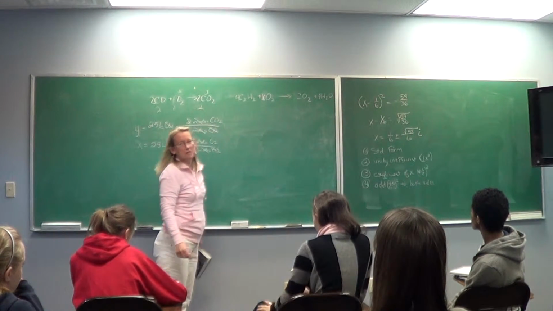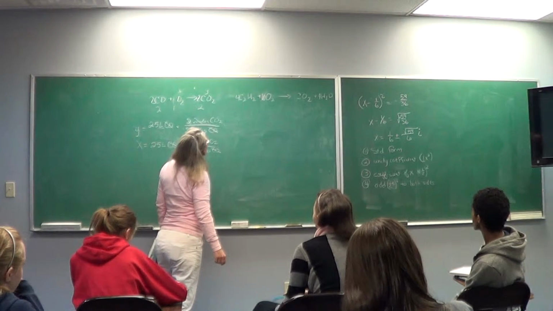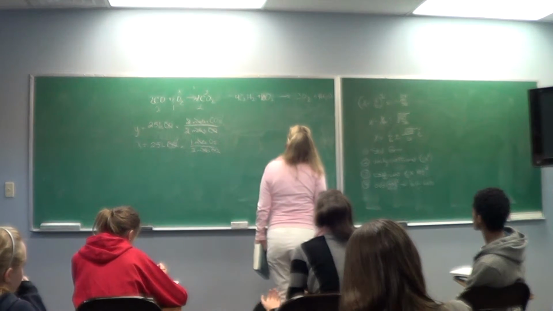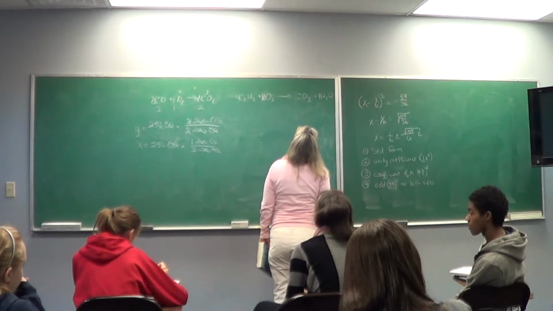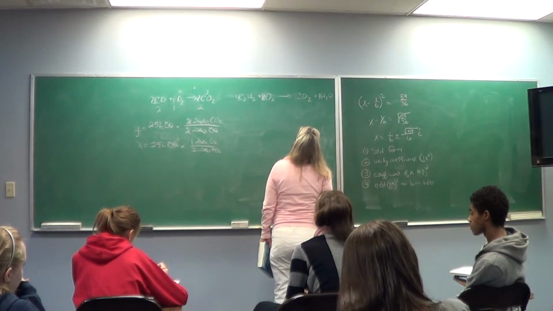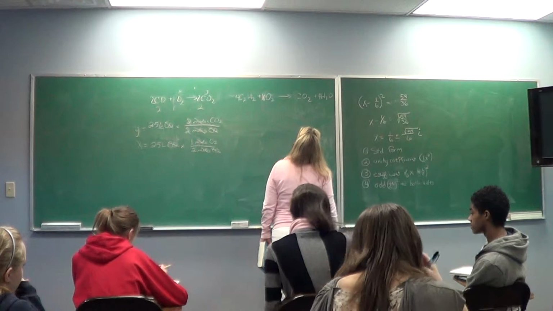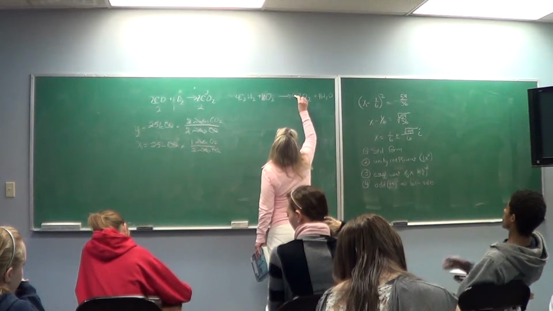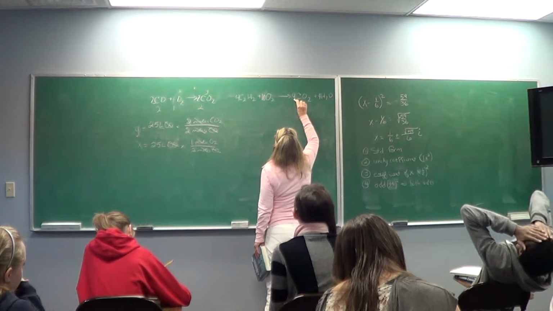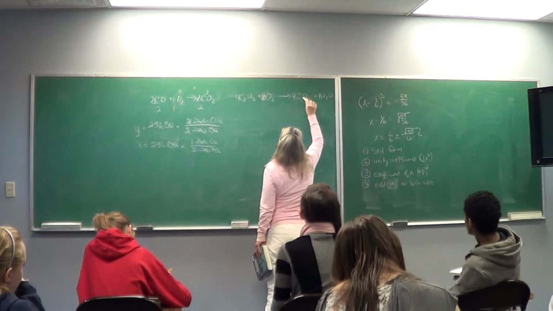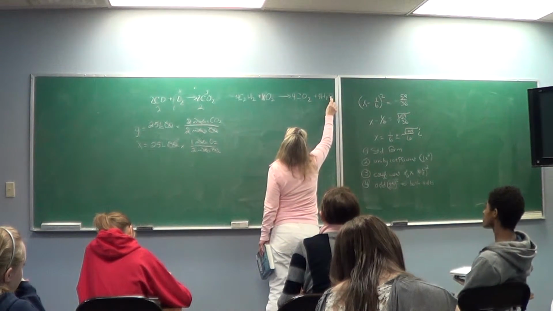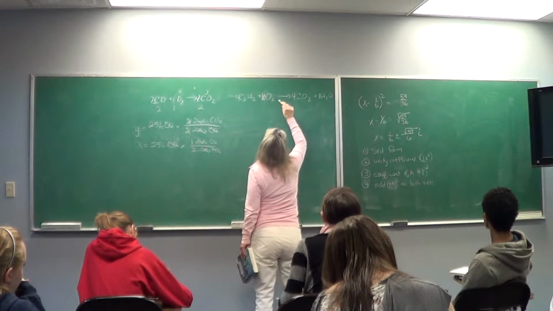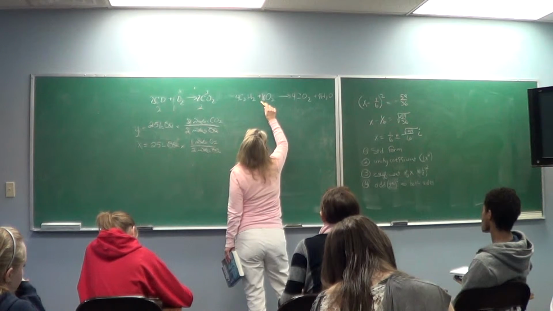I did all these problems and left them at home. Okay, so C2, 4 times 2 is 8. I'll put a 4 here. So this is 8, 4 is 12. That would be 12. Does that work?